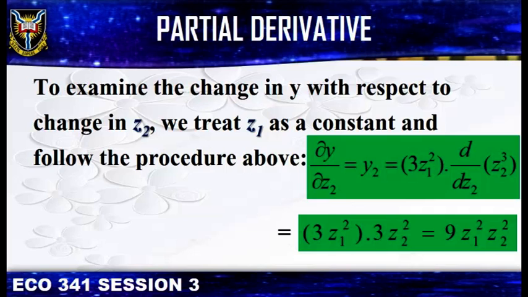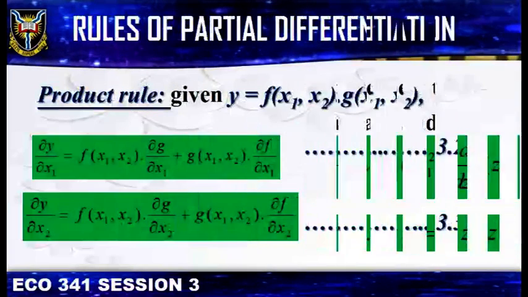Partial y over partial z equals minus 6x squared z plus 35z raised to power 4.